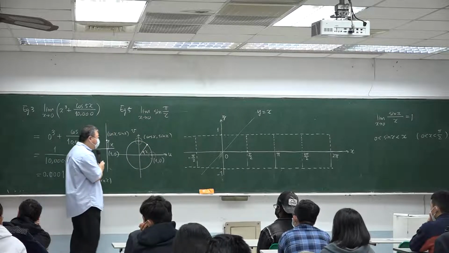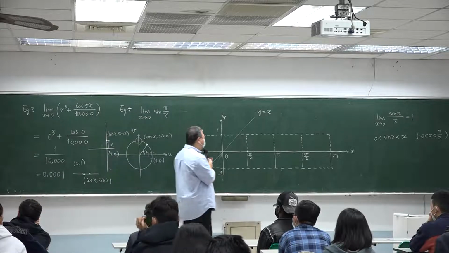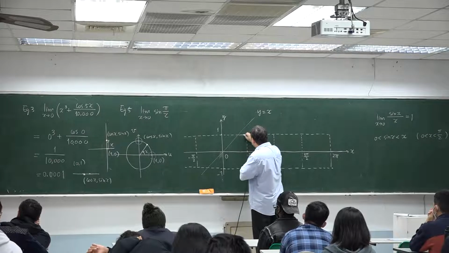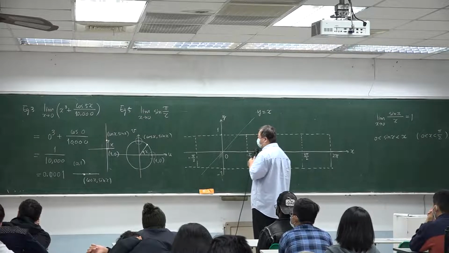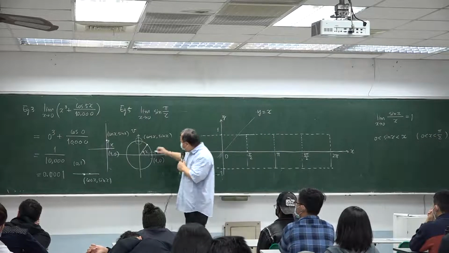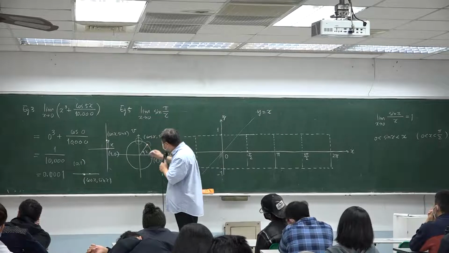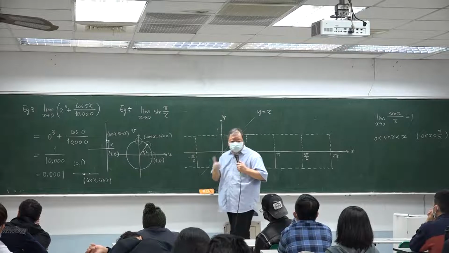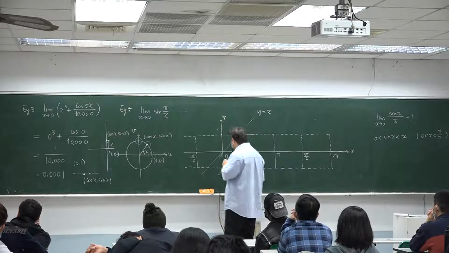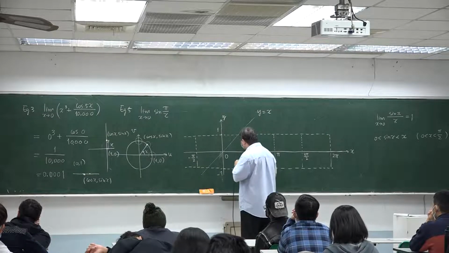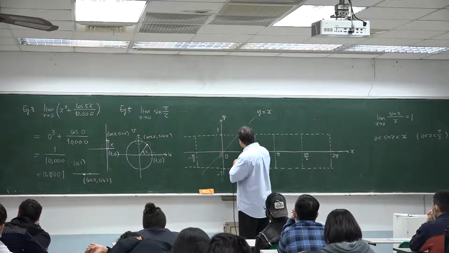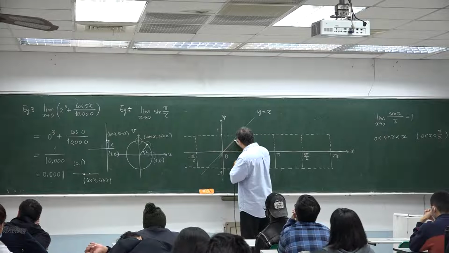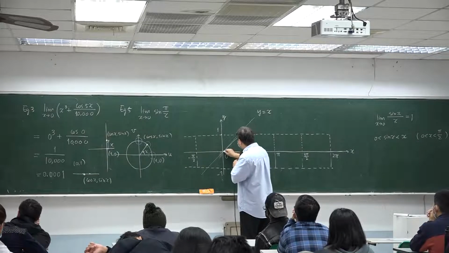This means the graph of sine around here has a horizontal tangent. Each part, when zoomed in, is a straight line, which means the graph should be smooth. Finally, the tangent is always smooth, locally a straight line.